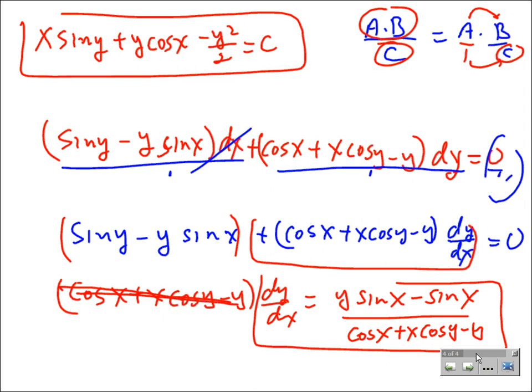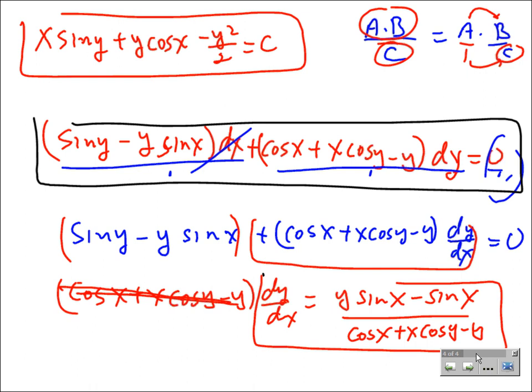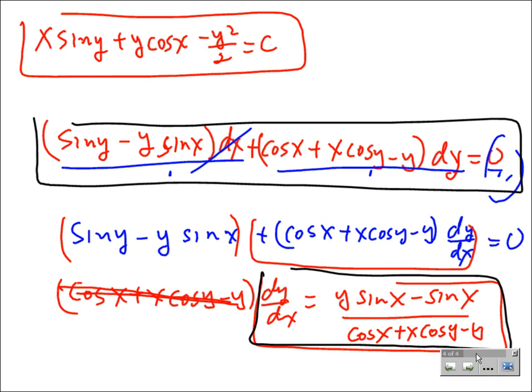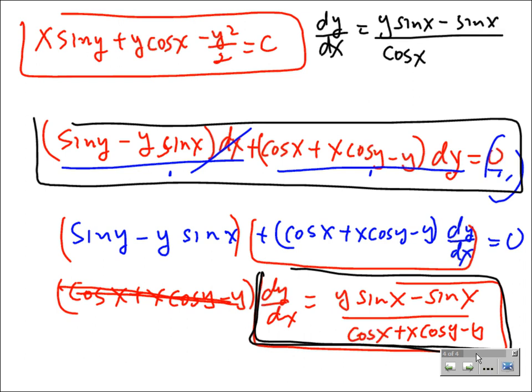The given differential equation is 100% equivalent to this. So that's what I want to show. I'm going to take the derivative of my solution, which is in the top right, and I want to get that dy dx is, just like I said it was down here, y sine x minus sine x over cosine x plus x cosine y minus y.